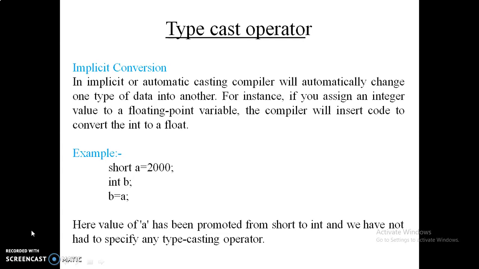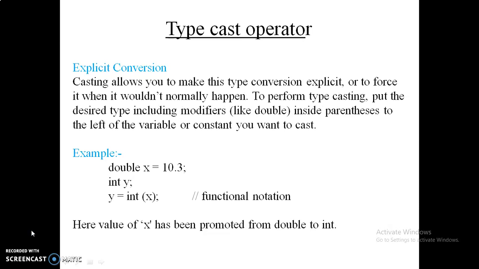Okay. Now if we want to move in the reverse direction, then we have to specify it. If we are moving from larger size to smaller size, we have to explicitly specify it in our program. That is nothing but explicit conversion, the opposite of implicit conversion, and for that we have to mention the data type and, in brackets, the variable which we want to change.